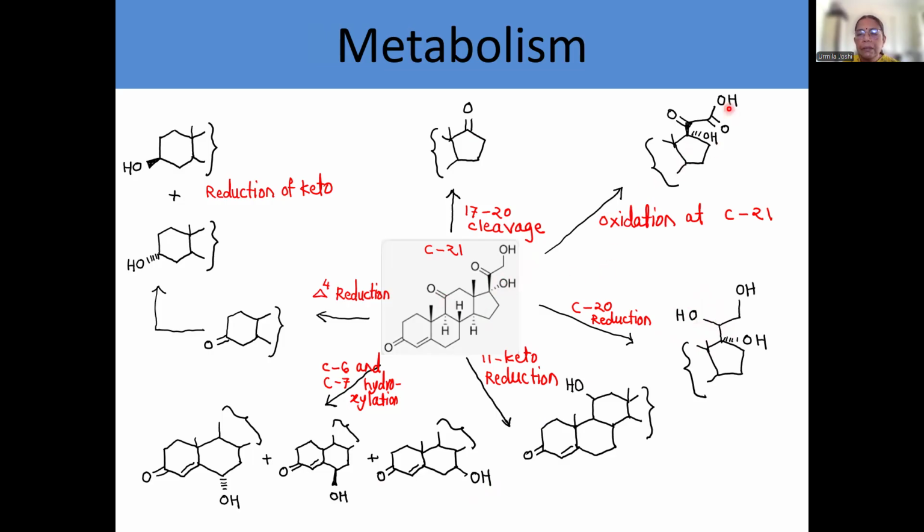The last reaction is oxidation at C21. Look at this structure. Attached to the carbonyl at C20, there is a 21 carbon to which OH is attached. Now this carbon number 21 gets oxidized so that the alcohol gets converted to acid. Now the entire purpose of all these reactions is to increase the hydrophilicity so that phase 2 reactions can occur and the compound can be excreted.